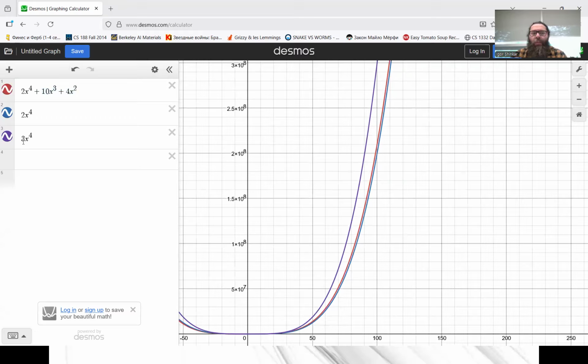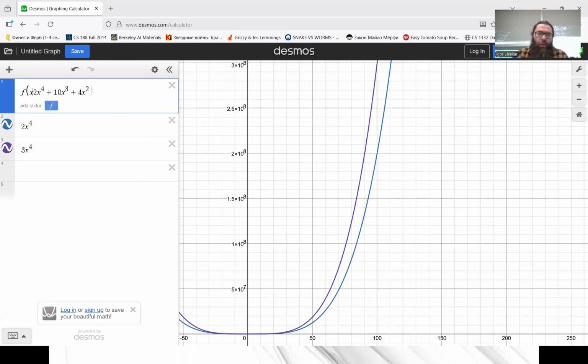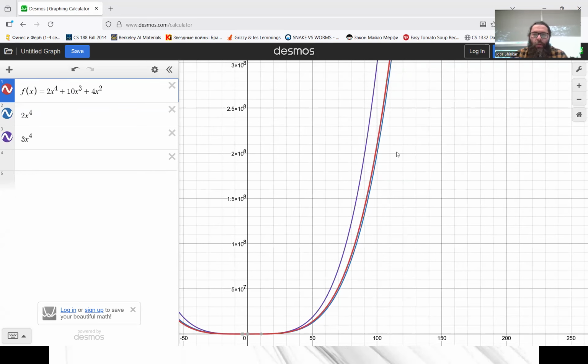And if instead of 2 I put a 3, then it will be above it. So the 3 times x to the 4 will be more than our function. So this is our function, the red one, and the blue and the purple are sort of bounds on it.